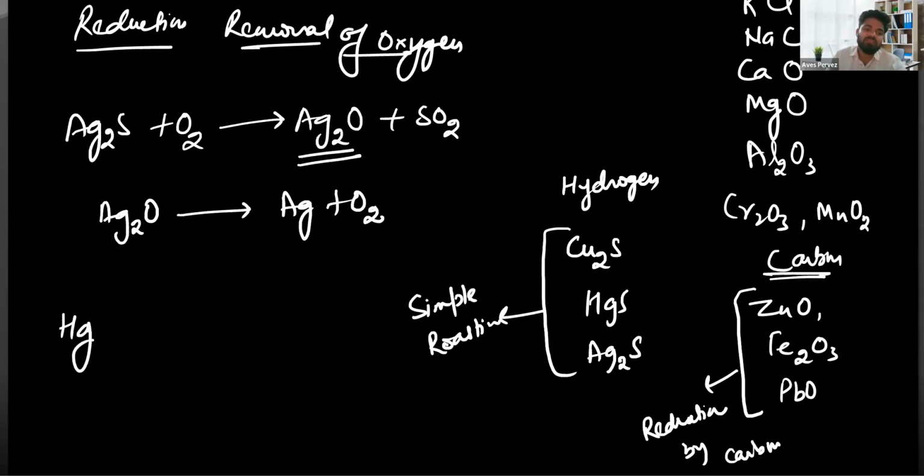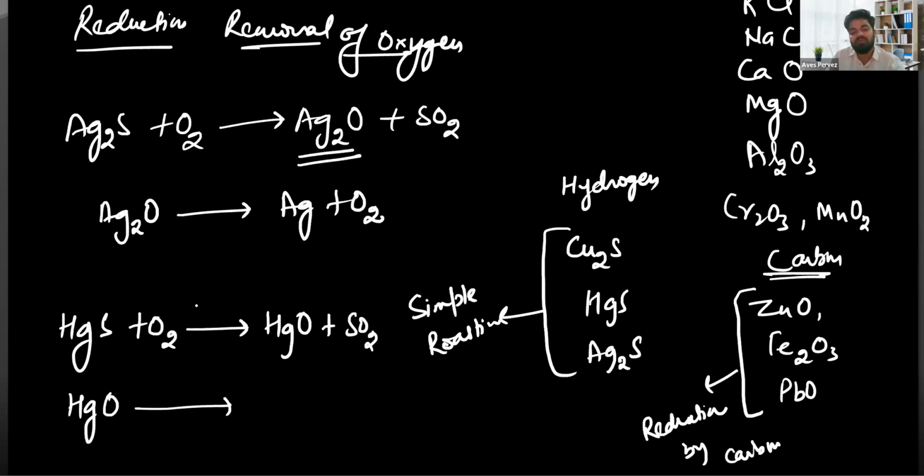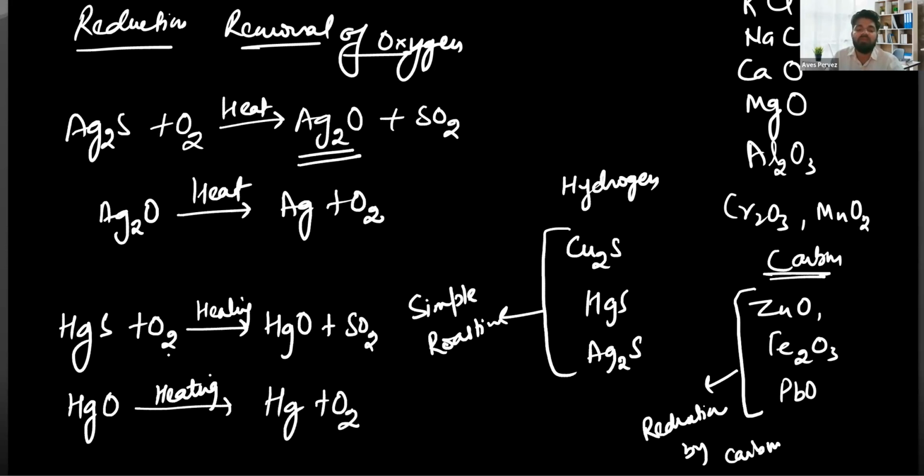Similar for HgS. When you heat it in the presence of oxygen, it gets converted into HgO and sulfur dioxide. When you further heat HgO continuously, it gets converted into Hg plus O2, meaning you obtain pure mercury by simple heating.